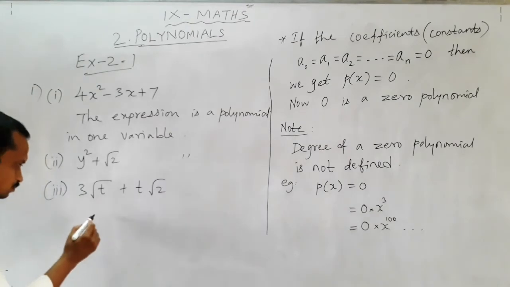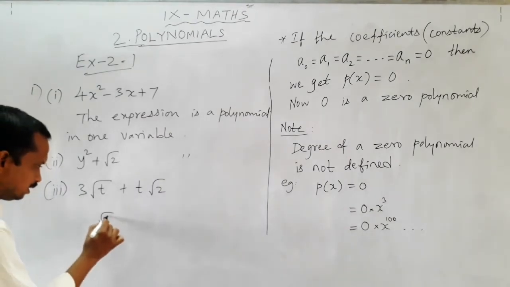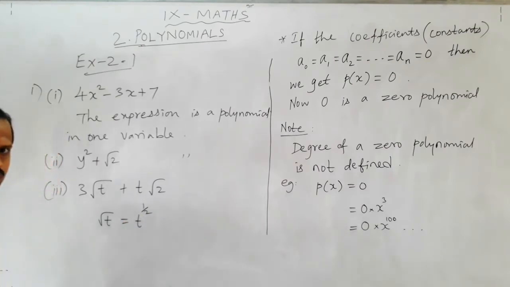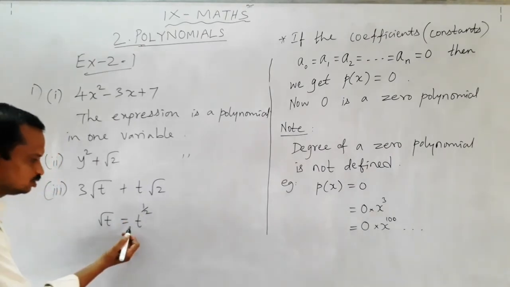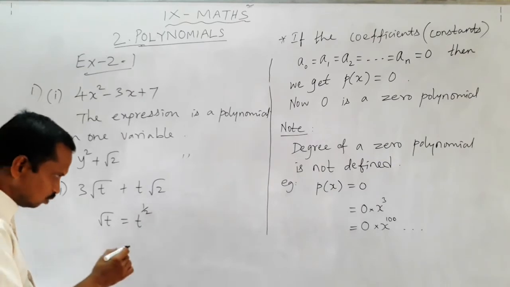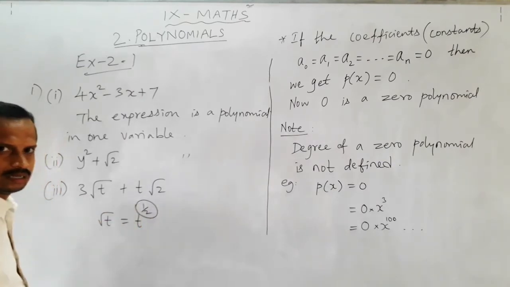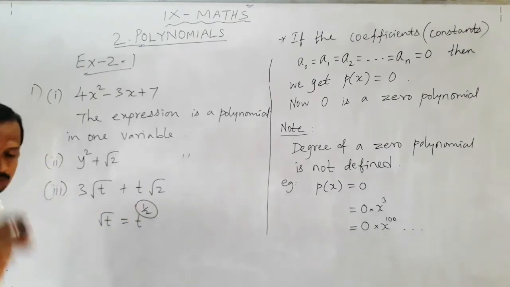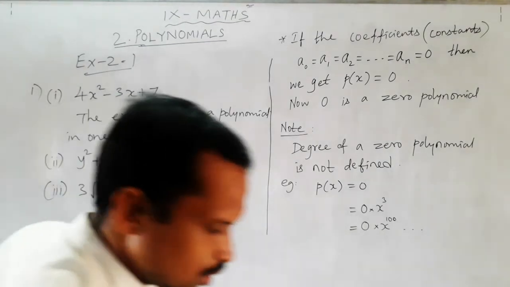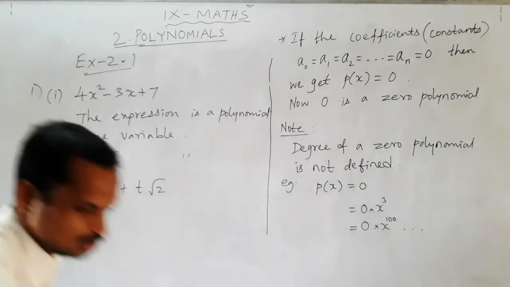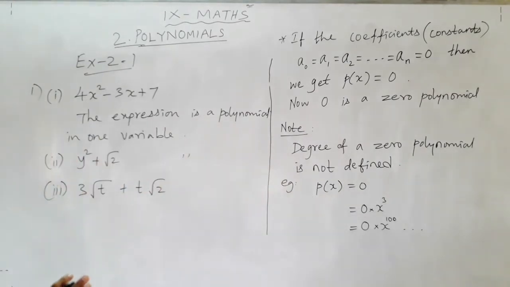But here, this root t you can write as t power 1 by 2 by applying the law of exponents. So 1 by 2 is not a whole number. Therefore, it is not a polynomial. As per the definition of a polynomial, this is an algebraic expression but not a polynomial.